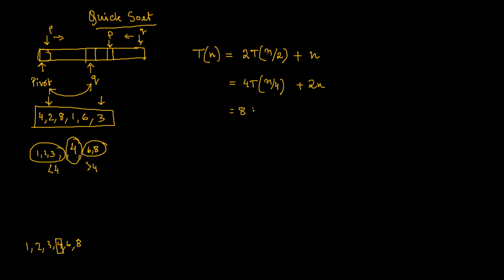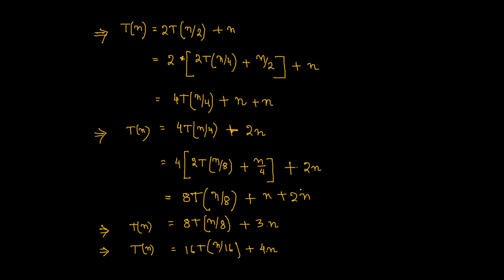Similarly, it will lead to 8T(n/8) plus 3n, and naturally ultimately it will become 2^i T(n/2^i) plus i n, which will basically lead to n into T(1) that we have seen over here. I hope you can remember this part.